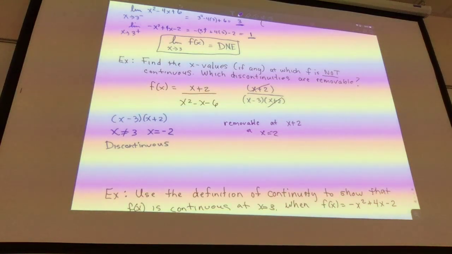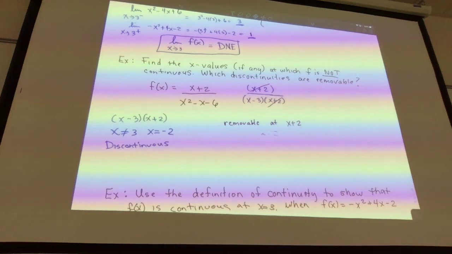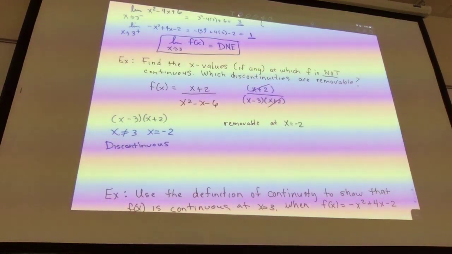Removable discontinuity at x equals negative 2. I'm just going to define it that way because that makes more sense. So that's where it's removable.